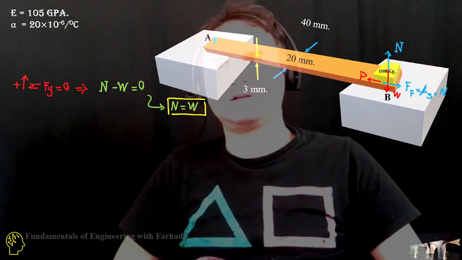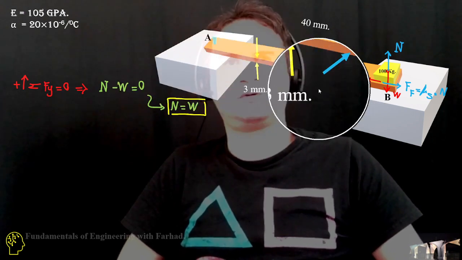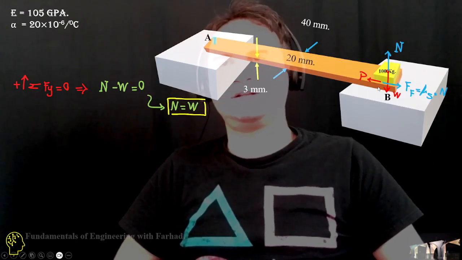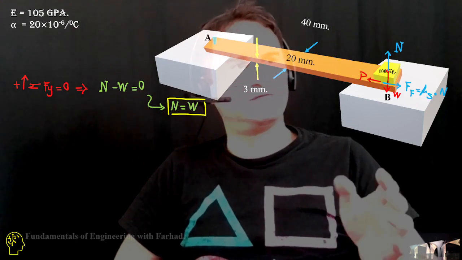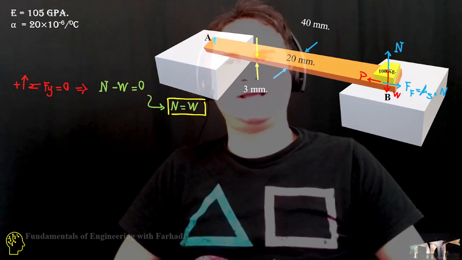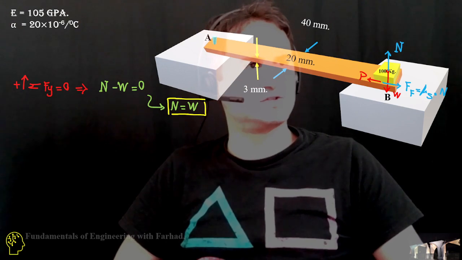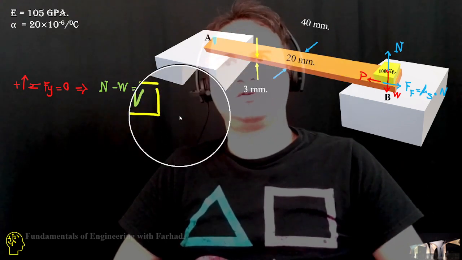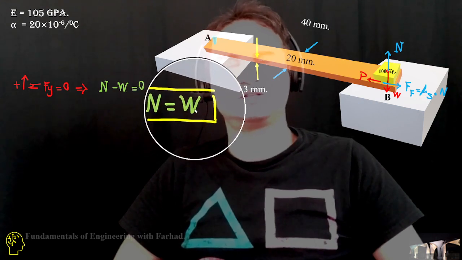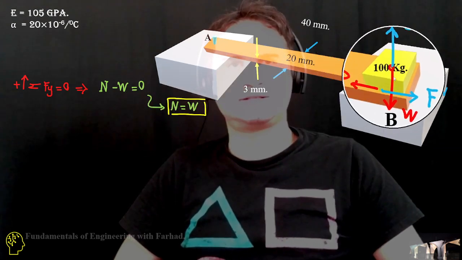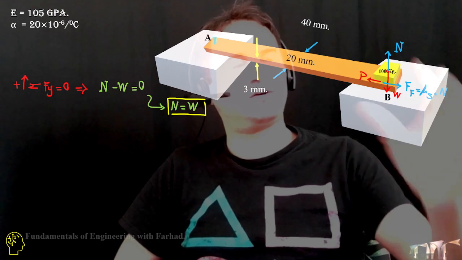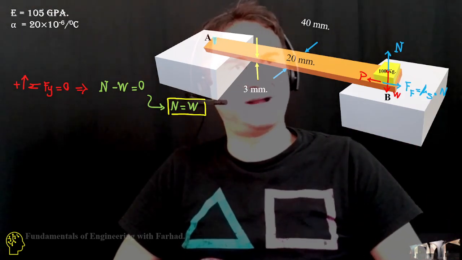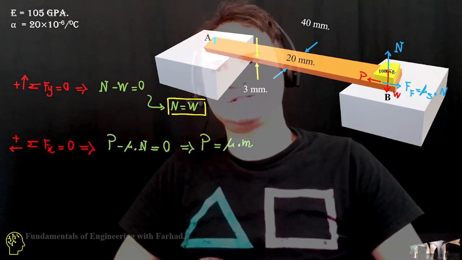First of all, from the free body diagram of this part, the sum of forces in y equals 0: N minus W. It gives us no motion in the vertical direction, so the normal force upward is equal to the weight of this piece of metal standing on our brass bar. Also the summation of forces in x equals 0.